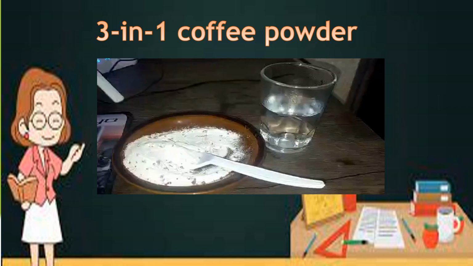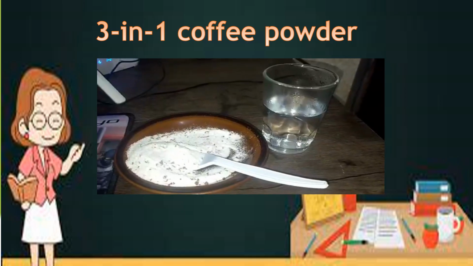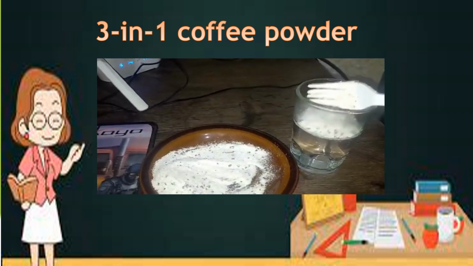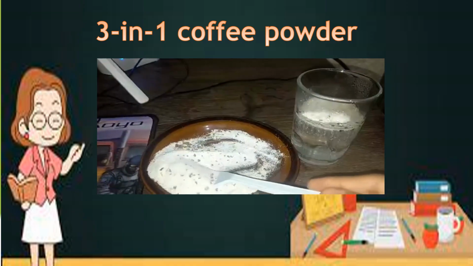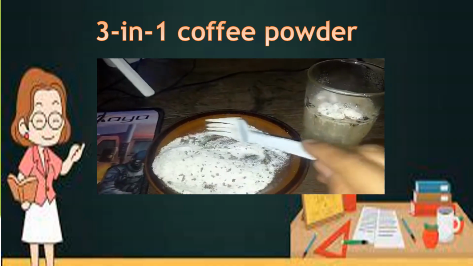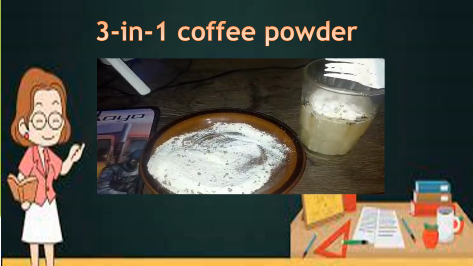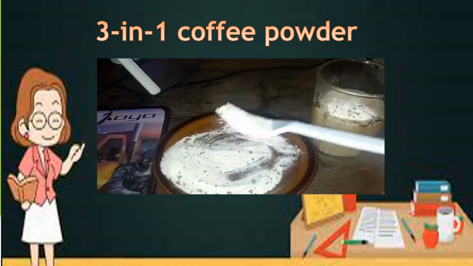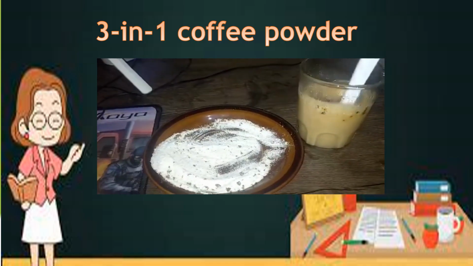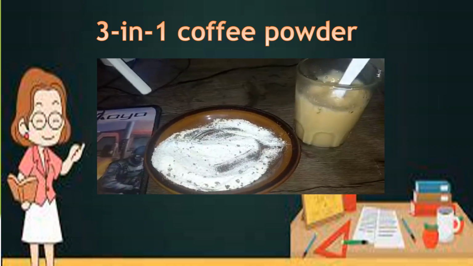How about the 3-in-1 coffee powder? What do you think will happen here? So as you can see, the powdered coffee here dissolves too fast because the water is too hot.